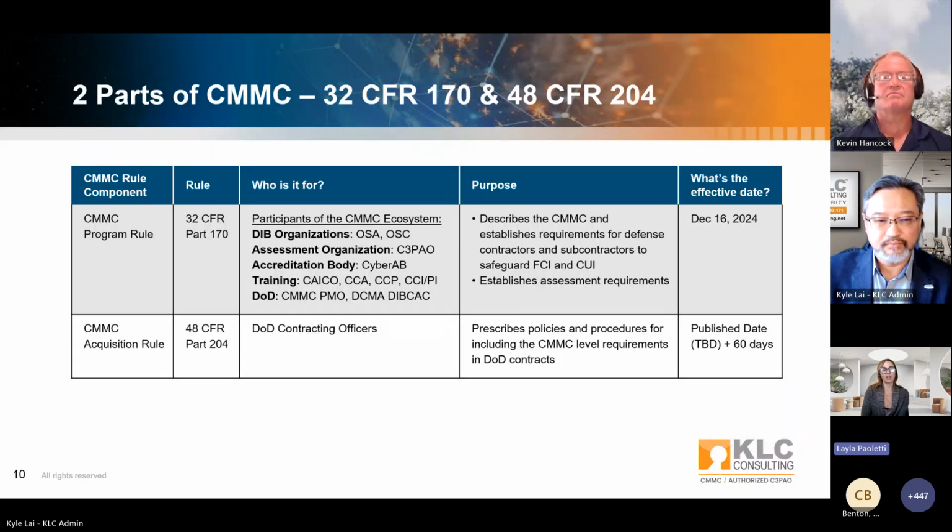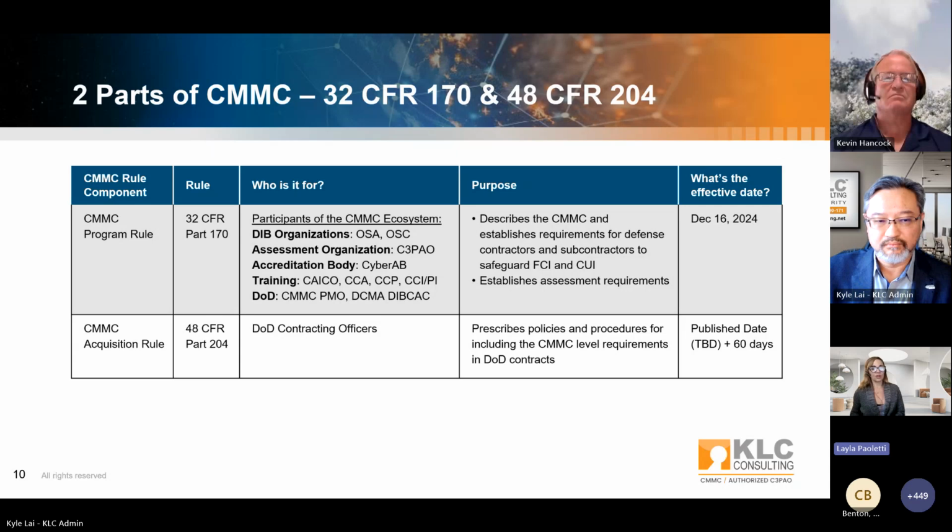Now let's look at the 48 CFR. Again, some confusion here, so we wanted to start with this. This 48 CFR is really for the government DoD contracting officers because it's prescribing policies and procedures on how to include those CMMC level 2 and eventually level 3 requirements into their DoD contracts.